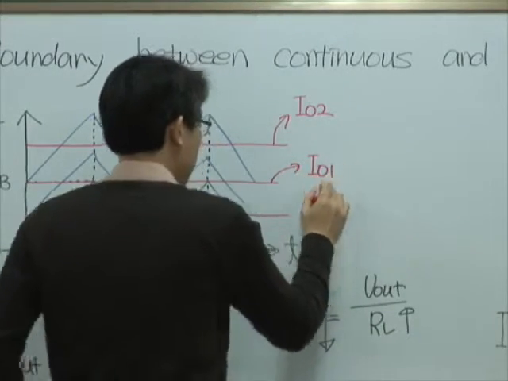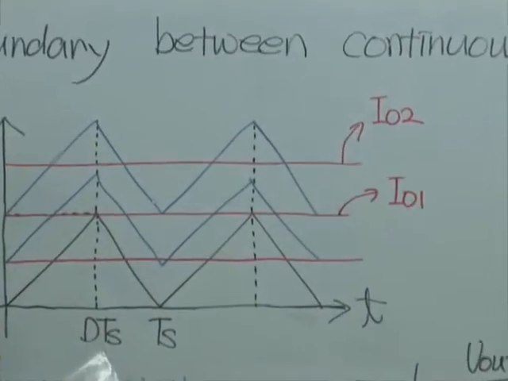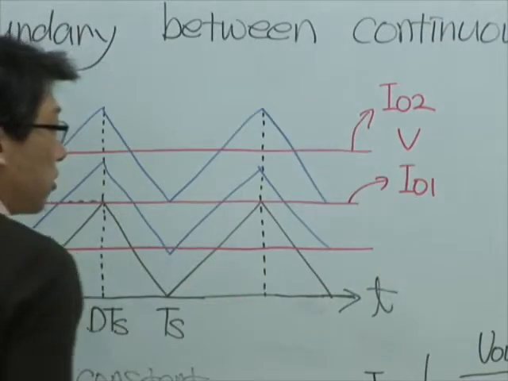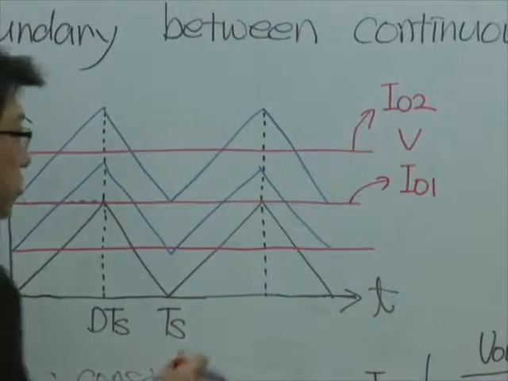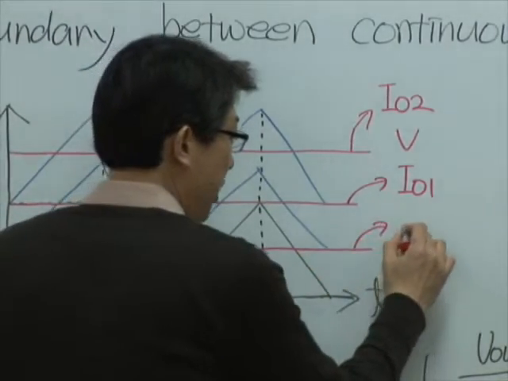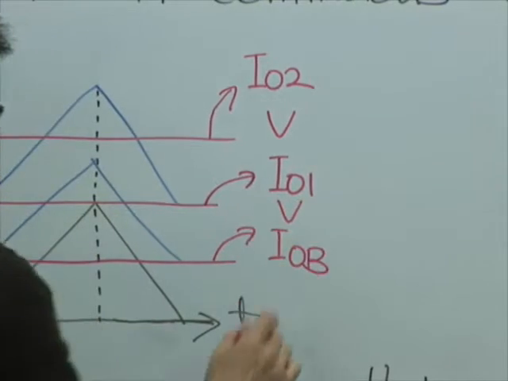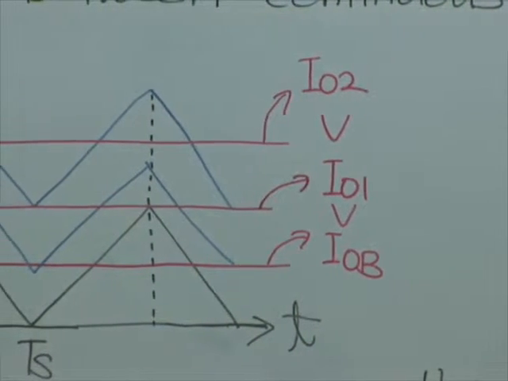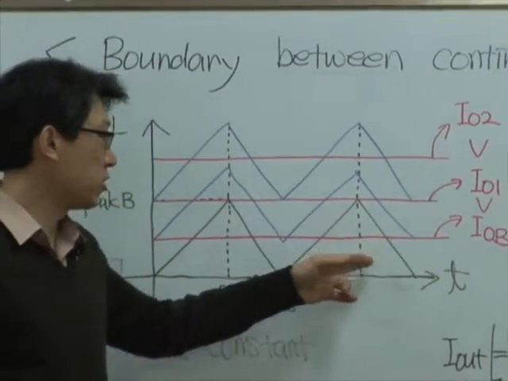So certainly IO2 is larger than IO1. And then as I have explained before, this is IOB, like this. So at some point now we reach discontinuous mode, like this.